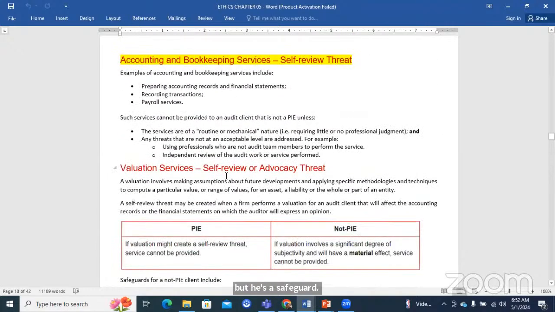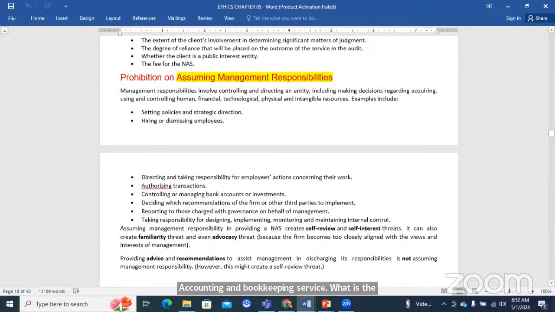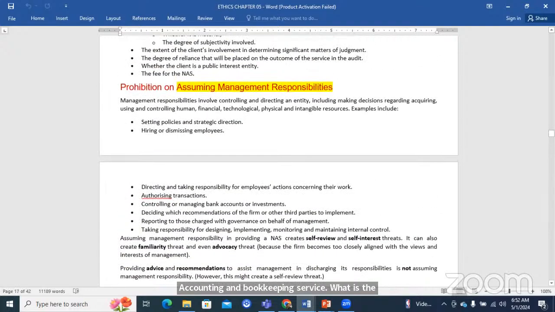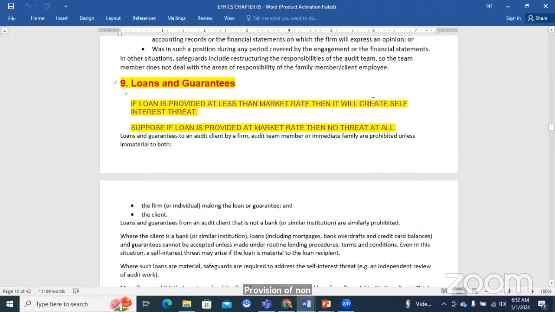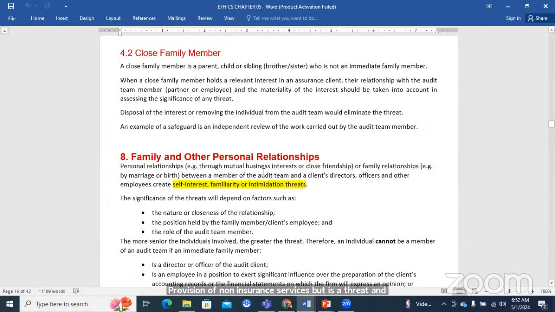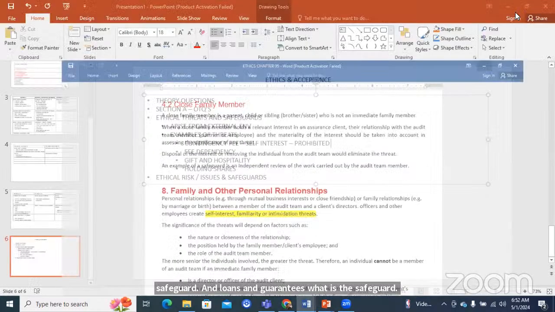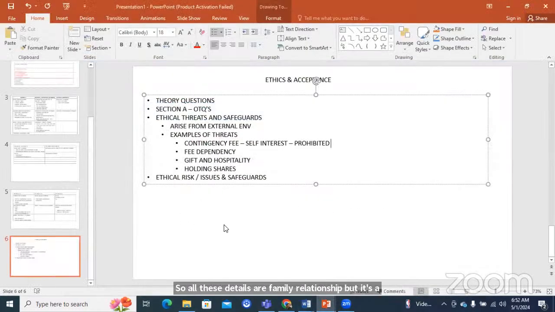Valuation service. For a listed company, what is the safeguard? Non-listed company, what is the safeguard? Provision of non-assurance services. What is the threat and safeguard? And loans and guarantees. All these details, family relationship. What is the threat? What is the safeguard? So prepare the list. Then it is easy to do the question.